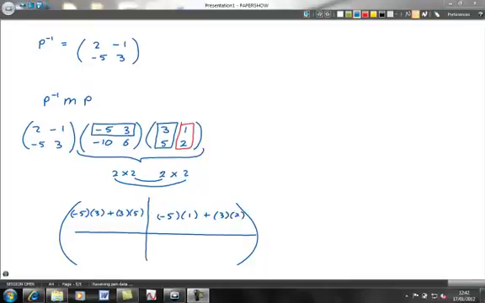Once I've got that done, I'll move down to the green. I'll write this in green, so it's going to be minus 10 by 3 plus 6 by 5. And then I'll go again, it'll be green by red, so it'll be minus 10 by 1 plus 6 by 2.